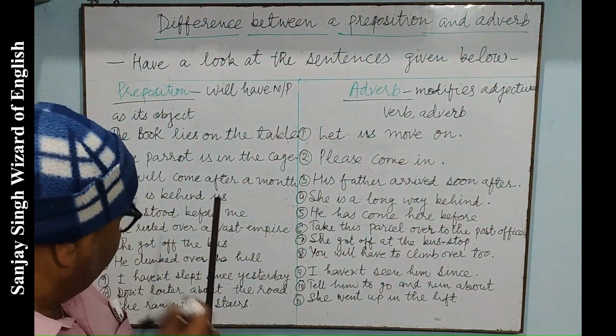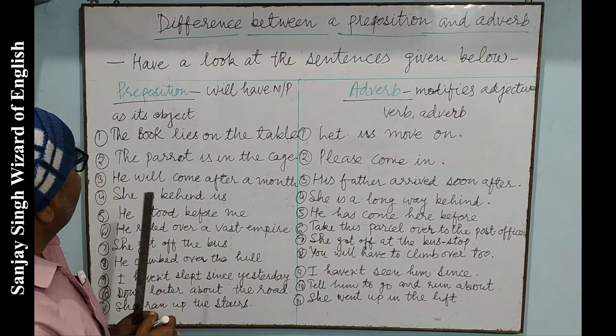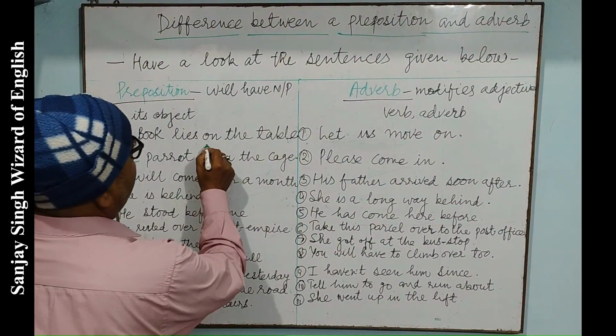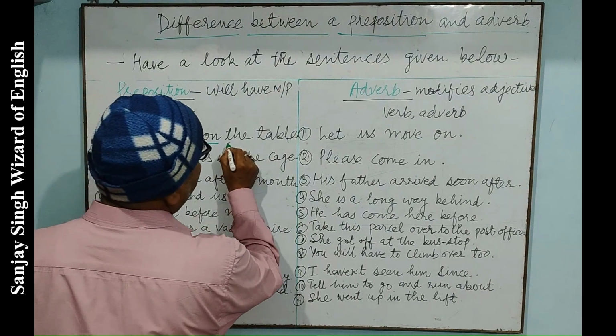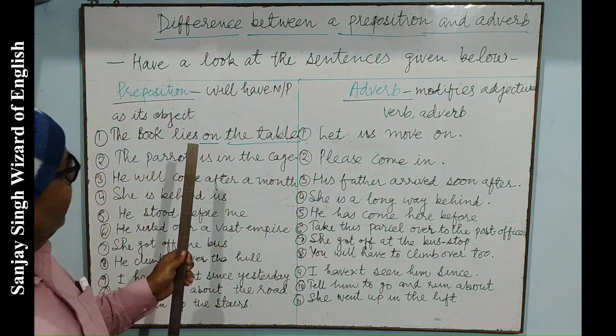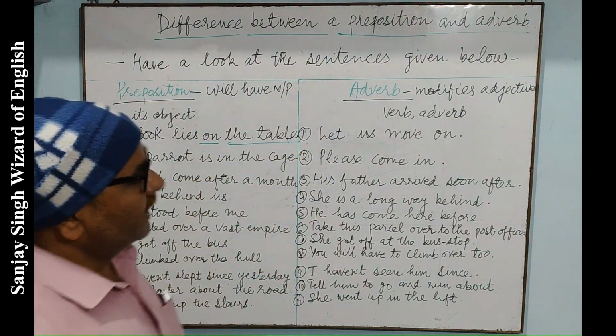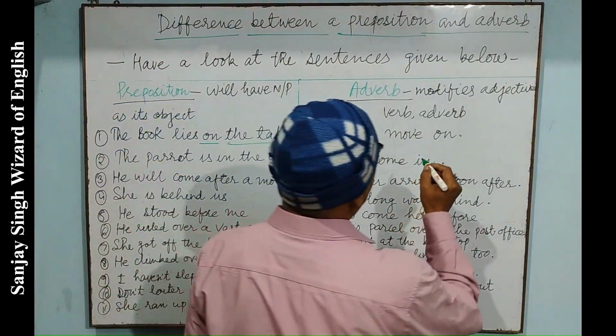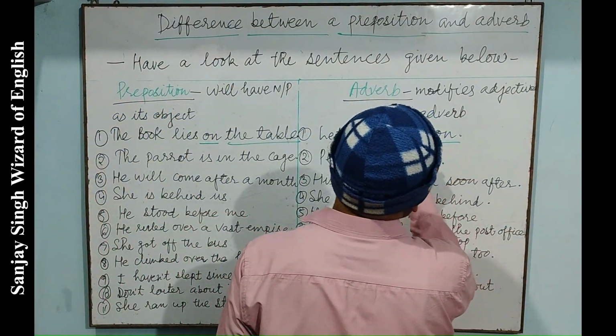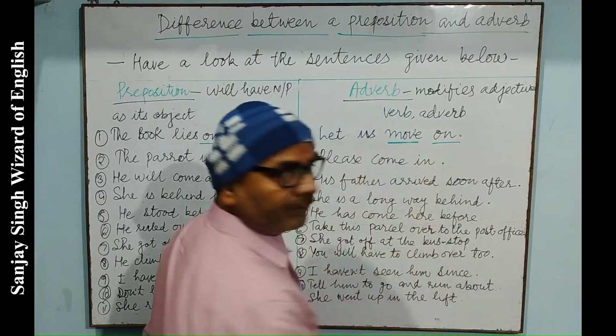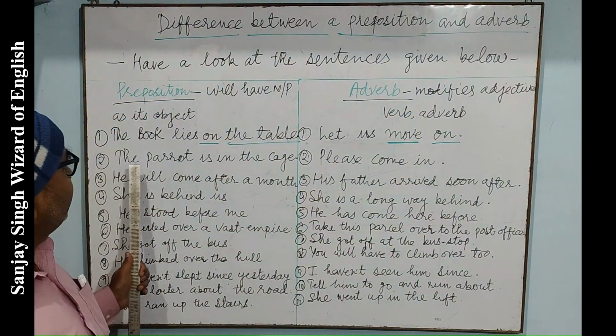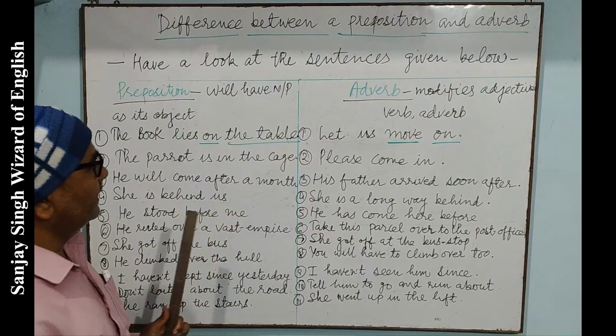Now look at these examples. The book lies on the table. Now here this is the object of this preposition. Now let us move on. Here this is qualifying the verb move. Now in the second example, the parrot is in the cage.